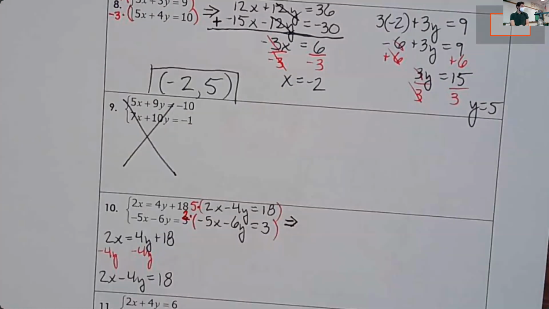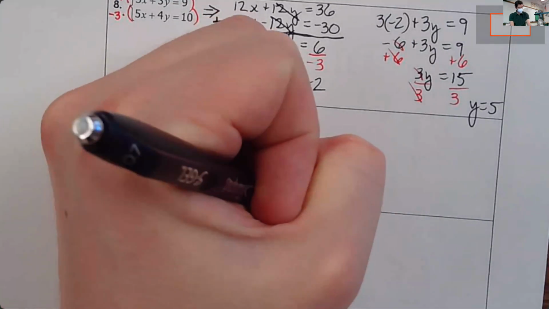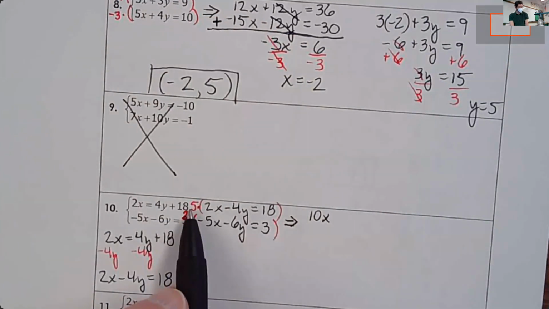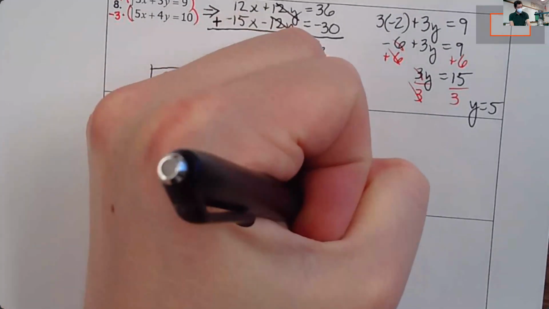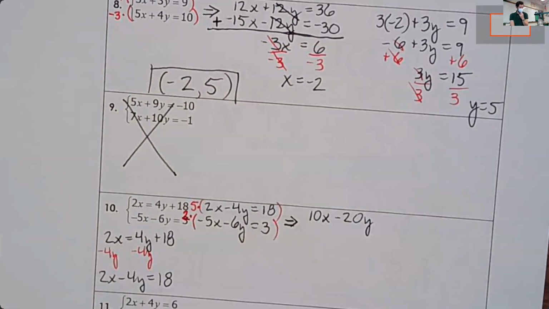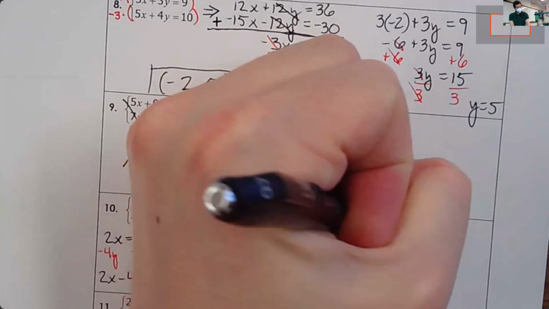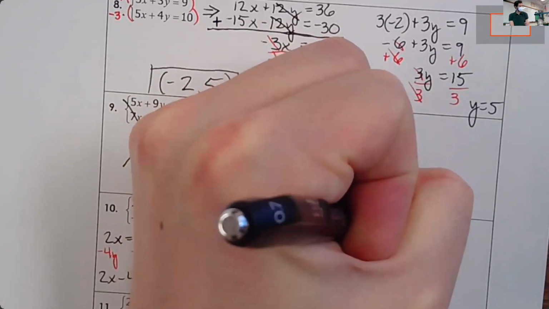And then we're going to rewrite these equations again. So we'll have the same number with x, and it'll be opposite values with x. So 5 times 2x is 10x. 5 times negative 4y is a minus 20y. And then 5 times 18 is 90. 5 times 18 is 90.